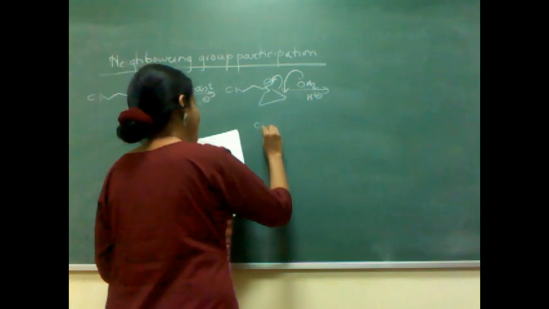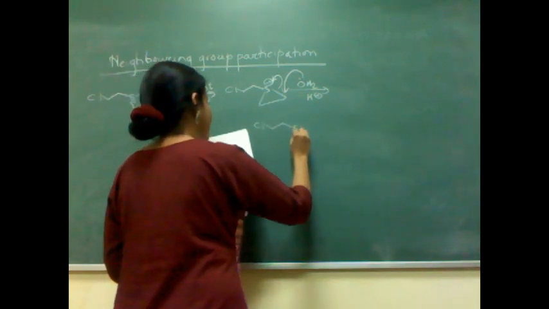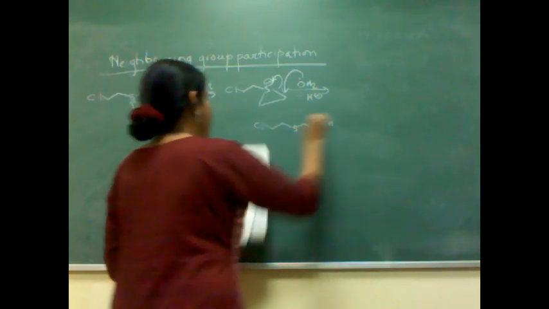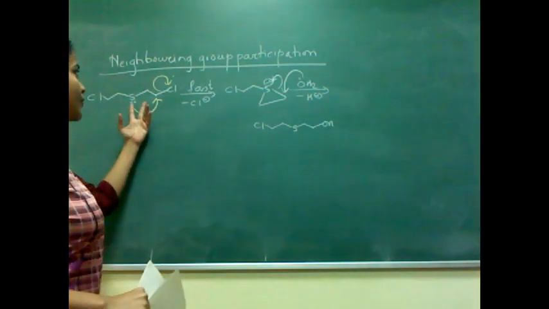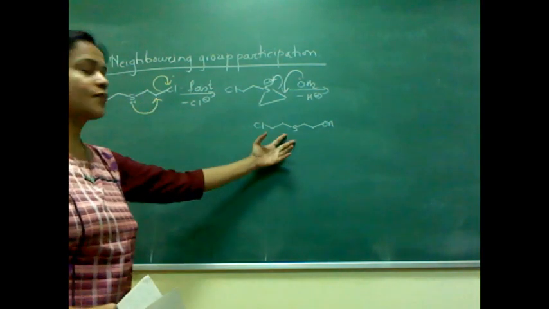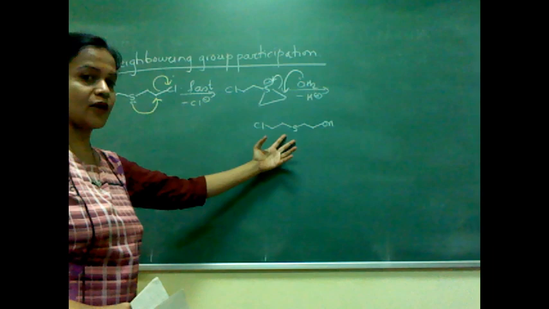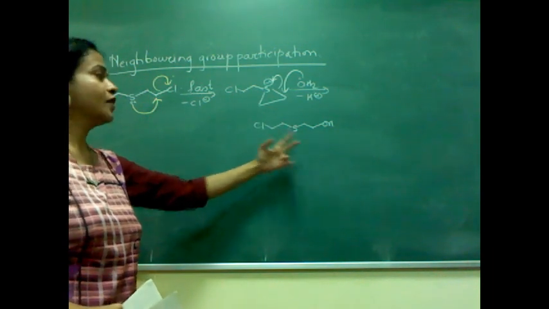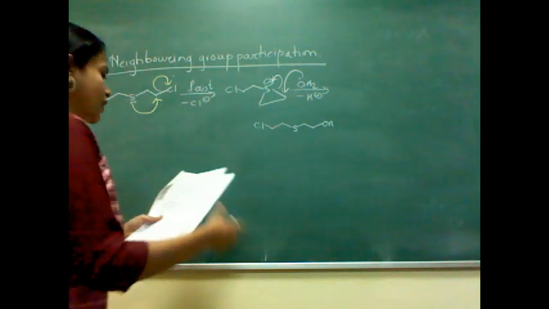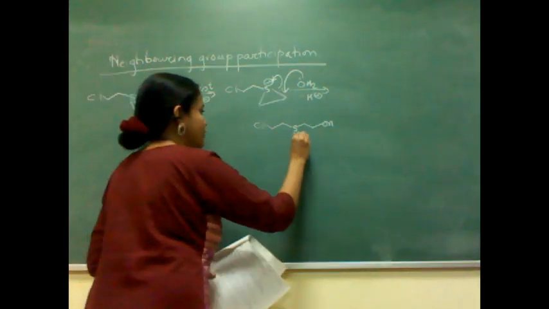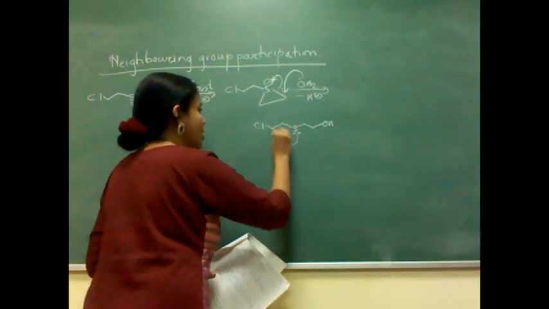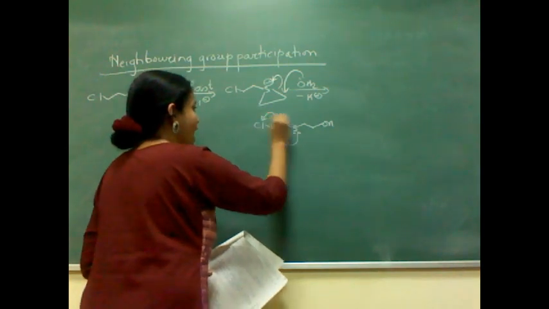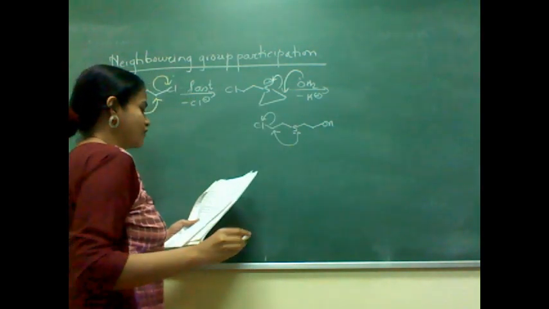So what you can see in the product is that if you try to differentiate between the substrate and this particular intermediate which is formed, the chloro group is replaced by the OH group. Subsequently, to knock off the other chloro group, the lone pair of electrons on sulfur acts as a driving force.